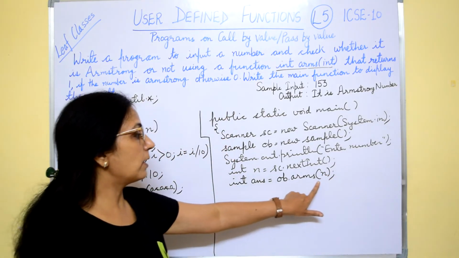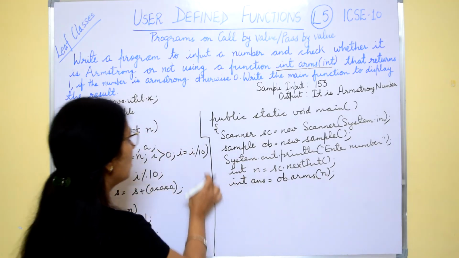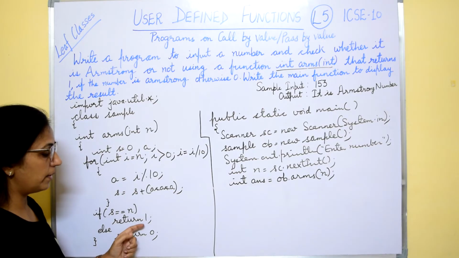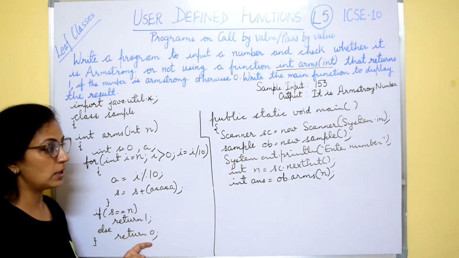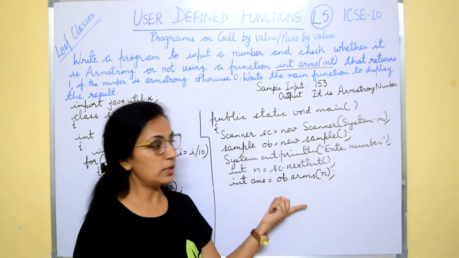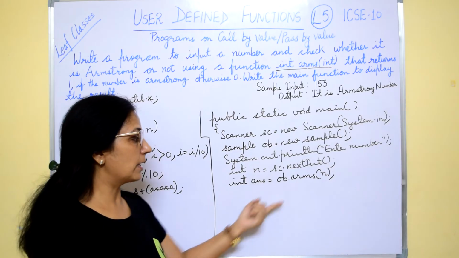So ob.arms(n), whatever is the value of n, that will go here. This processing will take place and it will return either 1 or 0. So ans will store the value 1 or 0 depending upon the return value from this function.